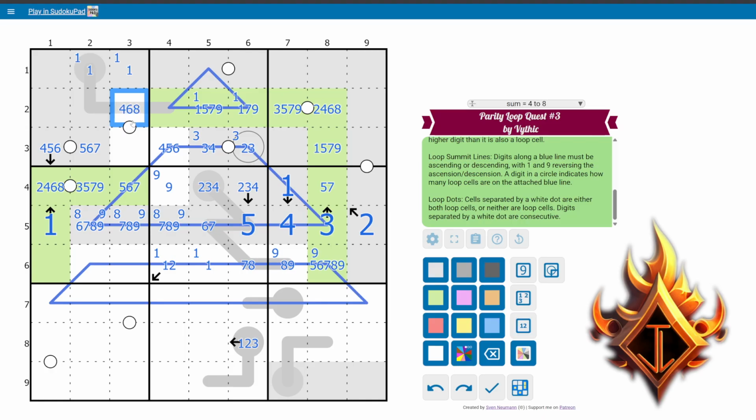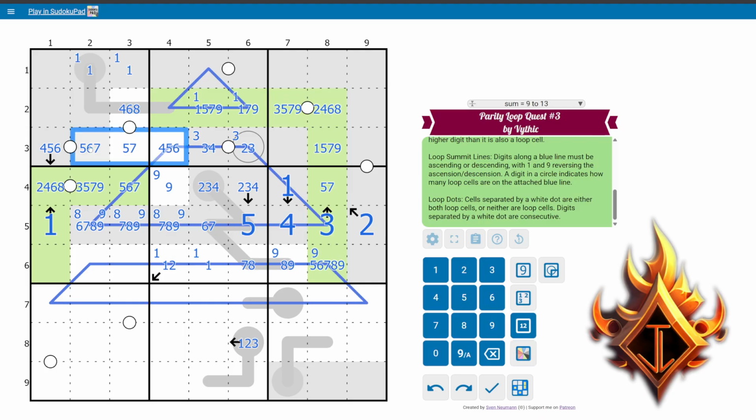If that was even, that'd be 5 or 7, though. That would be a 4, 5, 6, 7. So if that is on the line, it's 4, 6, or 8. And that would be 5, 7, because it can't be 3, and it can't be 9 because I did that earlier.